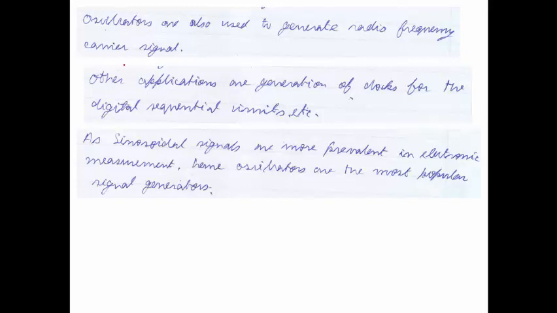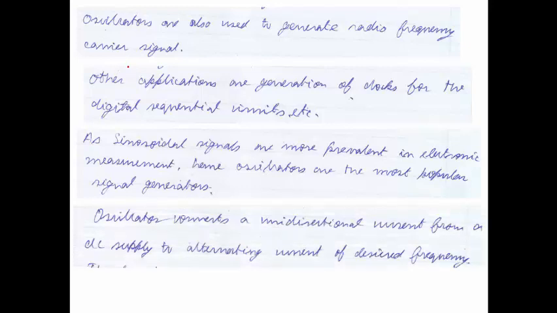For example, we may take a very casual example of a typical frequency generator circuit. There are FGs, which are function generators. Function generators are used to generate different types of waveforms corresponding to different frequencies.